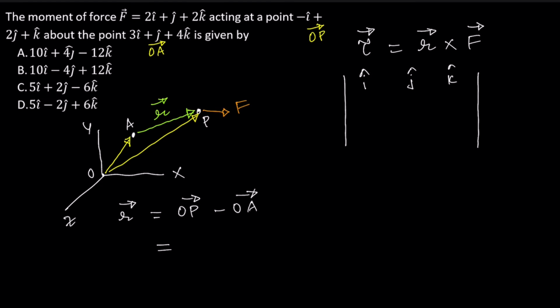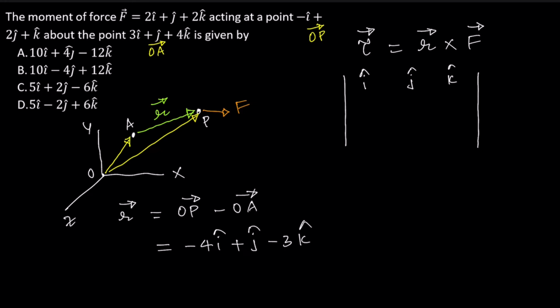OP is given. So OP minus OA: I have minus 1 minus 3, so that is minus 4 i cap. 2 minus 1, so that will be just j cap. And 1 minus 4, so that is minus 3 k cap.